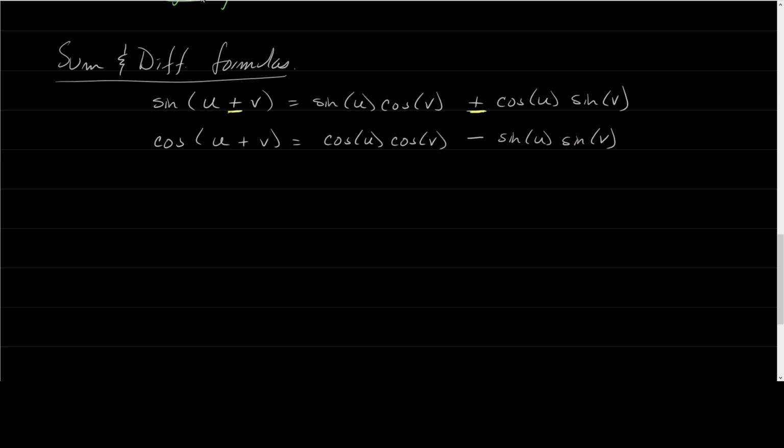Now let's say that I had a minus inside there. If I had cosine of u minus v, that actually turns out to be cosine, cosine plus sine, sine. So with the sine, the plus or minus stays plus or minus. But with cosine, the plus or minus becomes minus or plus.